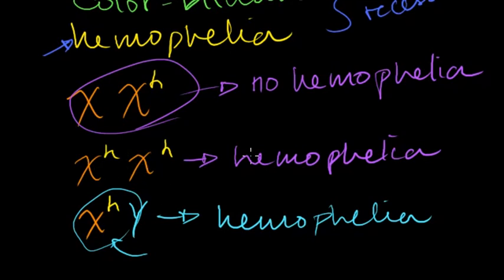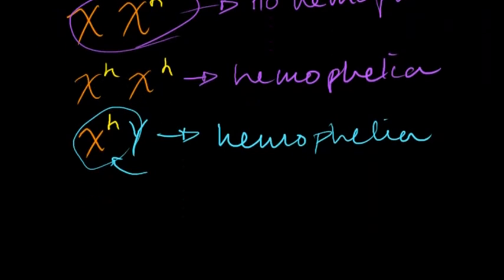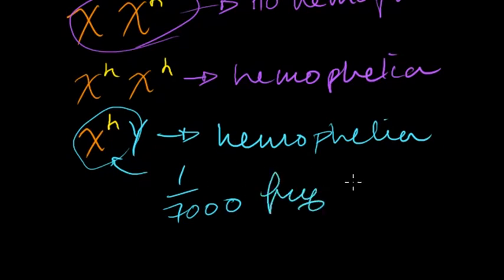I looked it up before this video, and roughly they say between 1 in 5 to 10,000 men exhibit hemophilia. So let's say that the allele frequency of XH, the hemophilia version of the X chromosome, is 1 in 7,000.